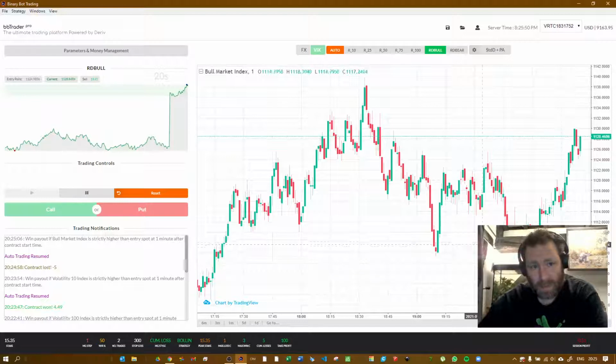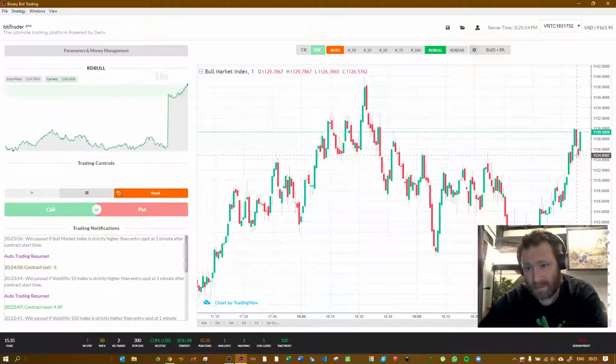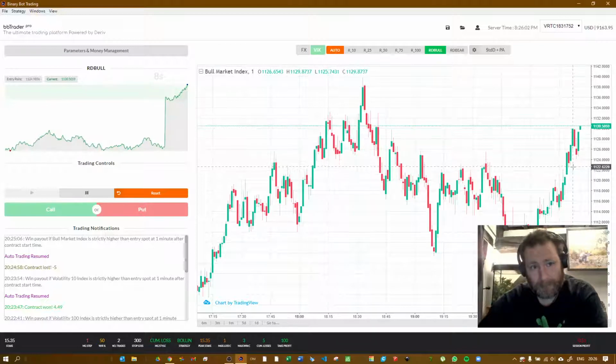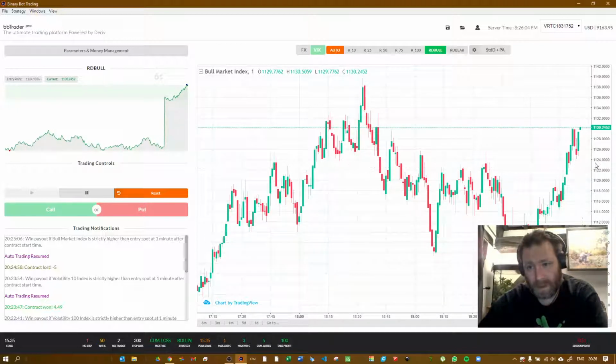Now I'd say it's pretty confident in the money. Picked up this reversal very clearly, very similar to the first trade. Recognized it.